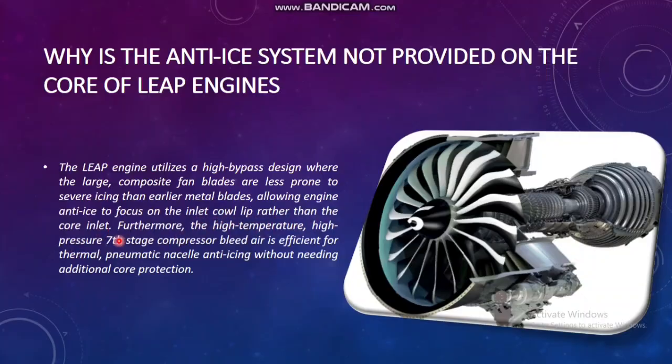Furthermore, high temperature, high pressure 7th-stage compressor bleed air is efficient for thermal and pneumatic nacelle anti-ice without needing additional core protection. So because of the composite blades, there is no further requirement of anti-ice in the core area, but they still use 7th stage air for the nacelle anti-ice, because there is no need for core protection. So this is also good to know information.